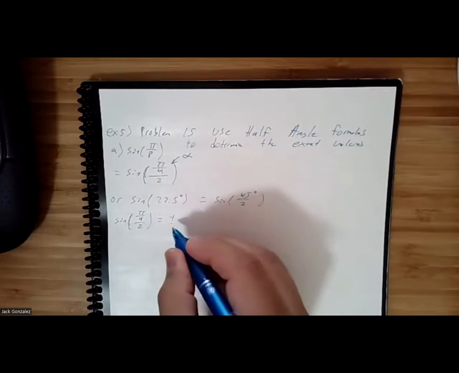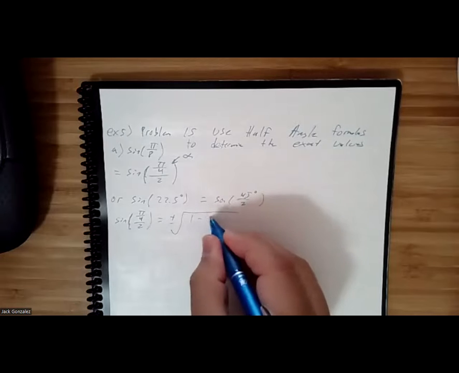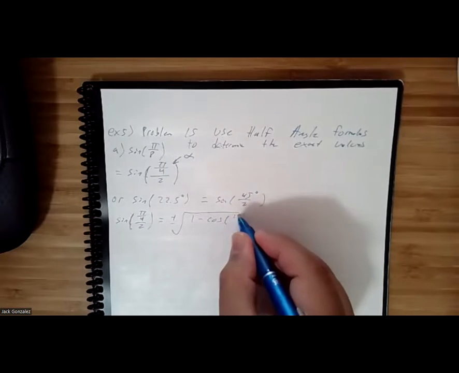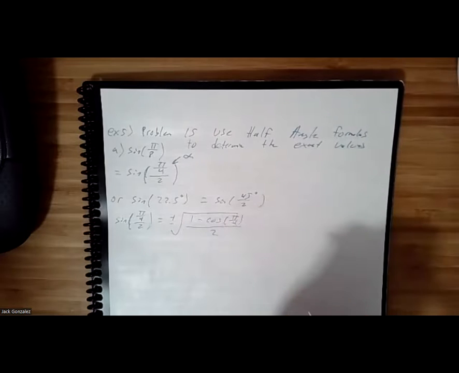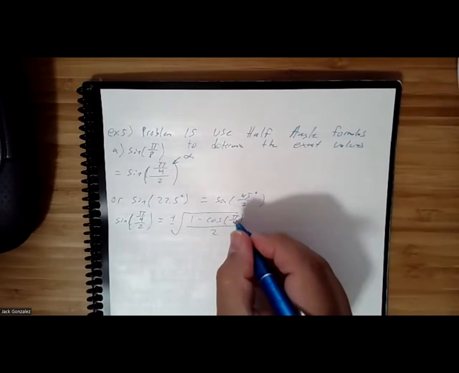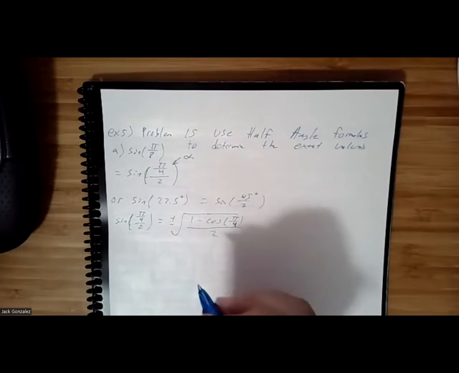So plus or minus square root, the formula says you do 1 minus cosine of that angle over 2. There we go.